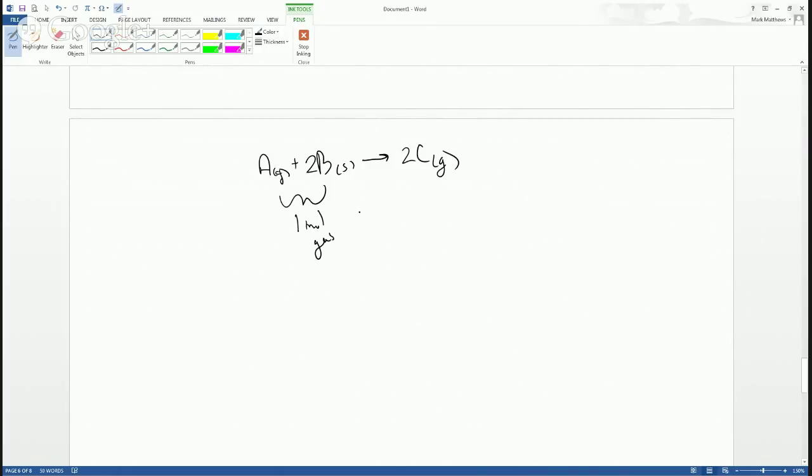So again, the important thing here is how much gas is on each side. On the product side, we still have 2 moles of gas. So now when you increase the volume, it's going to shift in a direction that increases the amount of gas. In this case, that's going to be a shift to the right. If you compress or decrease the volume, the shift is going to occur in whatever direction decreases the amount of gas present.